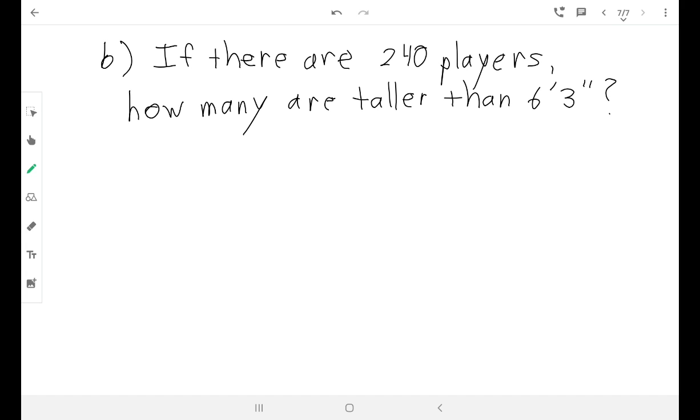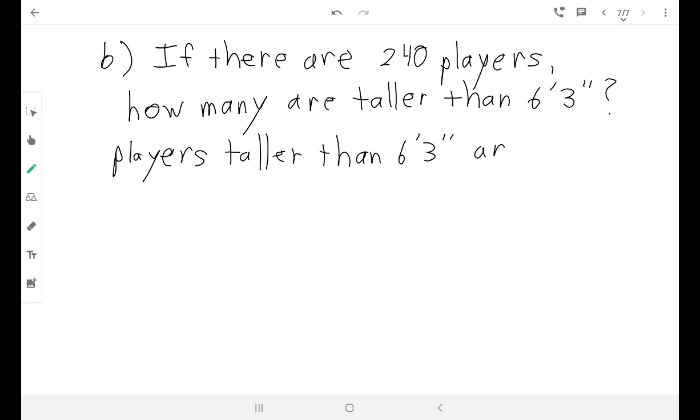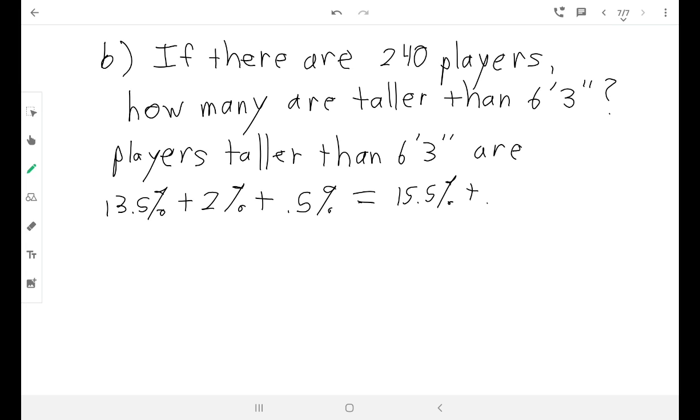I'm going to say players taller than 6'3" are 13.5% plus 2% plus 0.5%, which, if you add that up, that's 15.5% plus 0.5%, which is 16%.